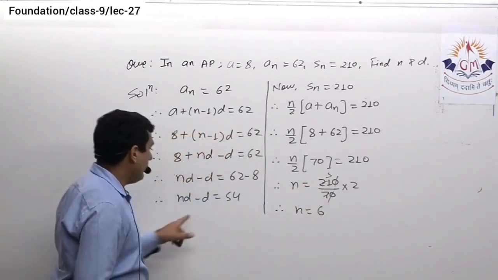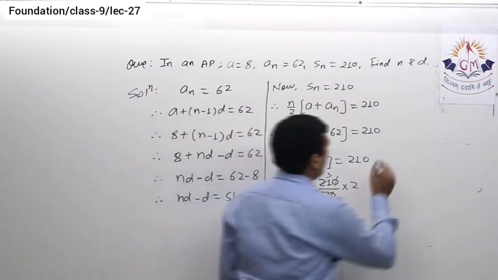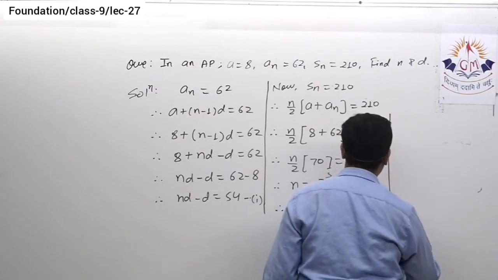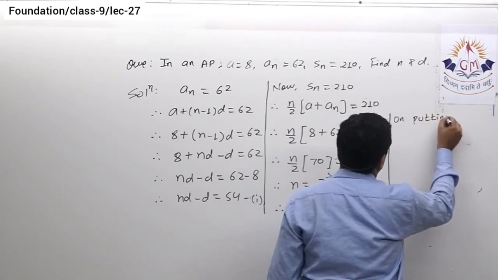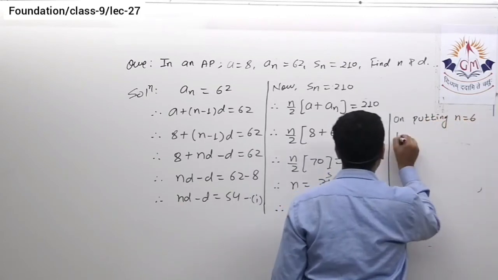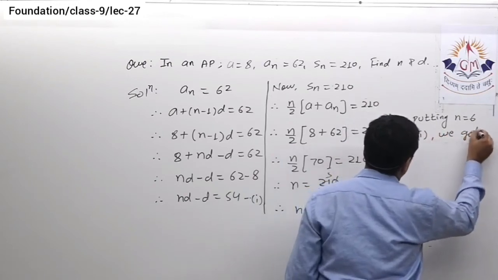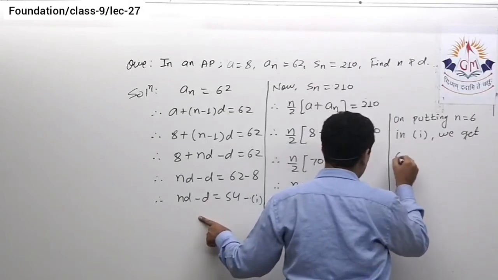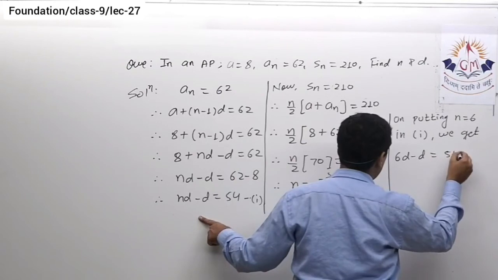Now if we put the value of n over here, definitely we'll get the value of d. So let us see this part. On putting n is equal to 6 in the first relation, we get 6d minus d is equal to 54.